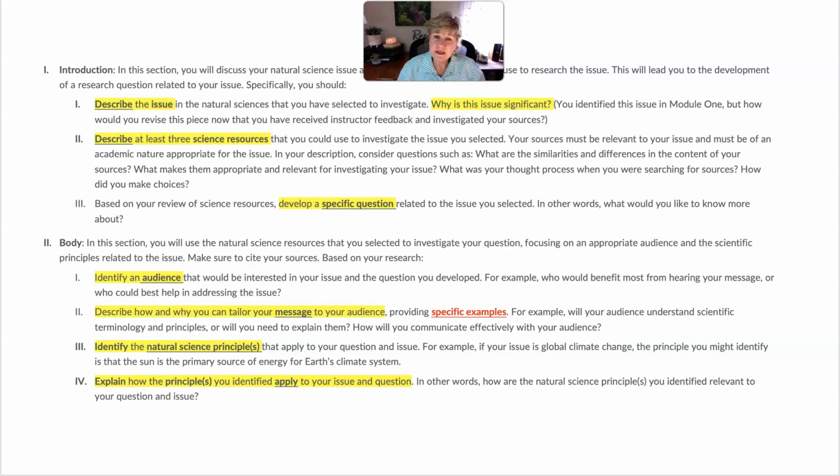And then how are you going to deliver that message to your audience? Give specific examples. See that in the red? Give specific examples. What are you going to do? How are you going to strategize this where you get them to understand what you're talking about and care about your topic? All right, and then identify natural science principles, 1 or more.